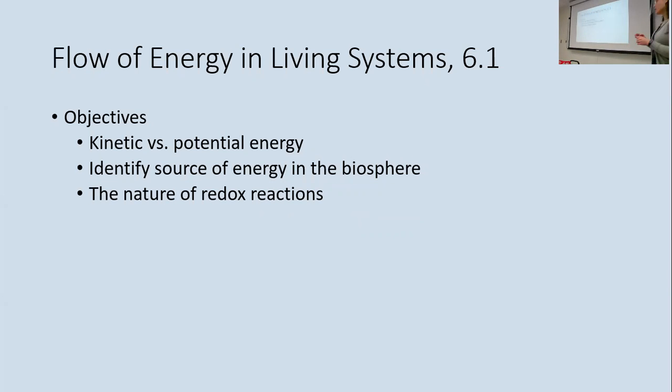So we'll start with kinetic and potential energy, talking about the forms of energy, how we see it used and stored. We'll talk about where that energy is coming from when we're talking about living systems, and also revisit redox reactions because they're going to be coming up a lot in basically every process we're going to be unpacking for the next little while. So just to make sure we all remember what's going on there.